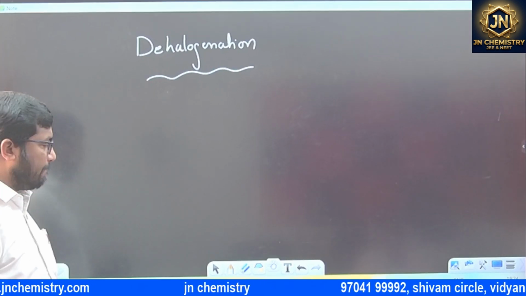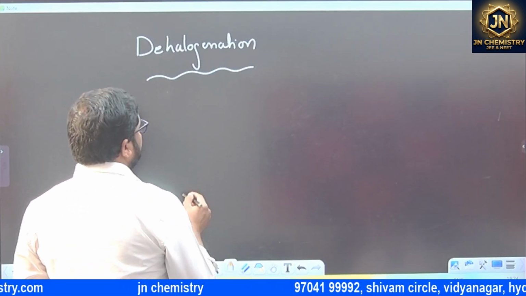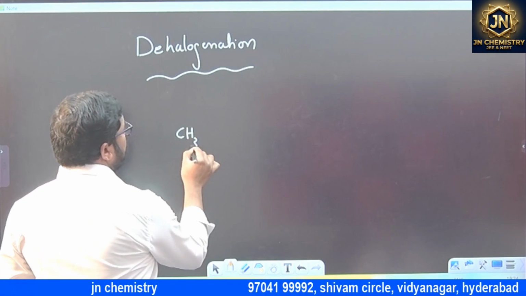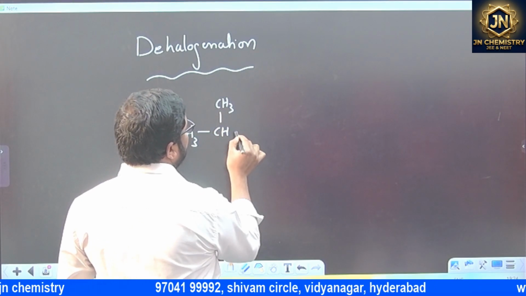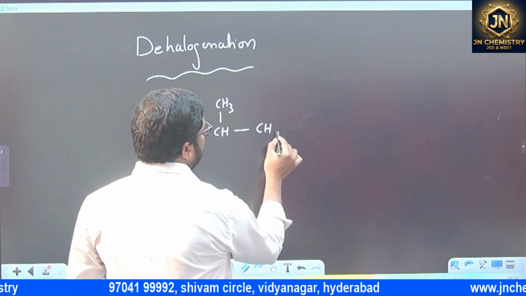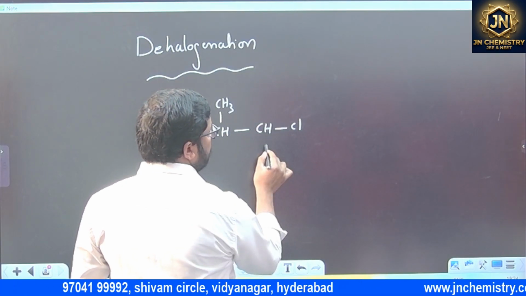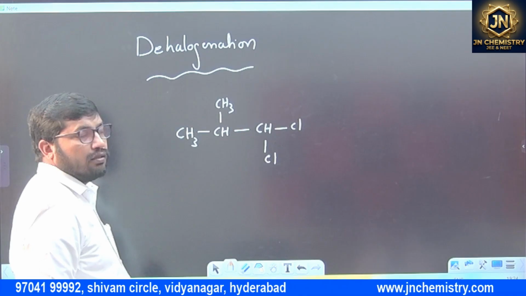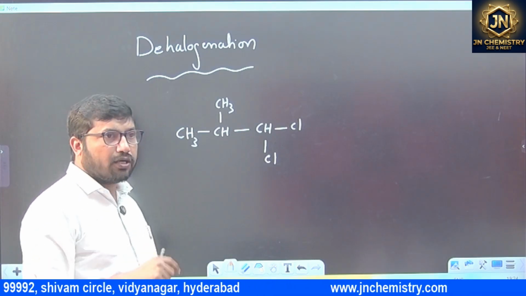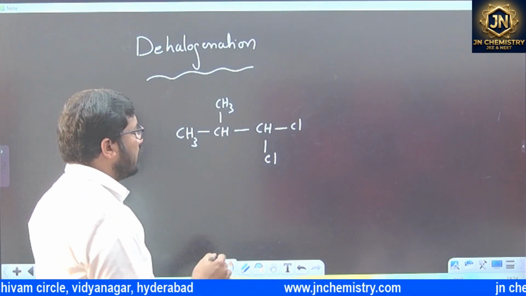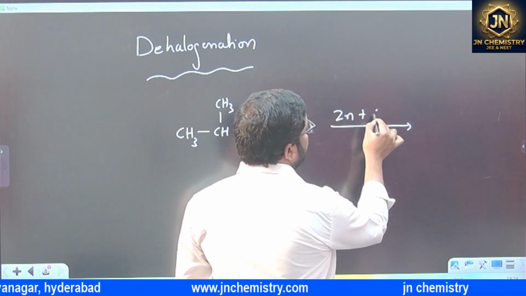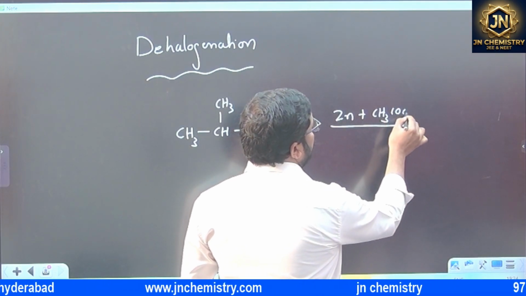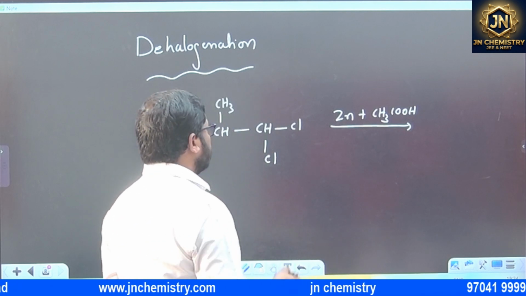Dehalogenation, vicinal or geminal. For example, vicinal, geminal. Two halogens on the same carbon are geminal. Use zinc dust, or zinc in the presence of acetic acid, or ethanol also we can use.